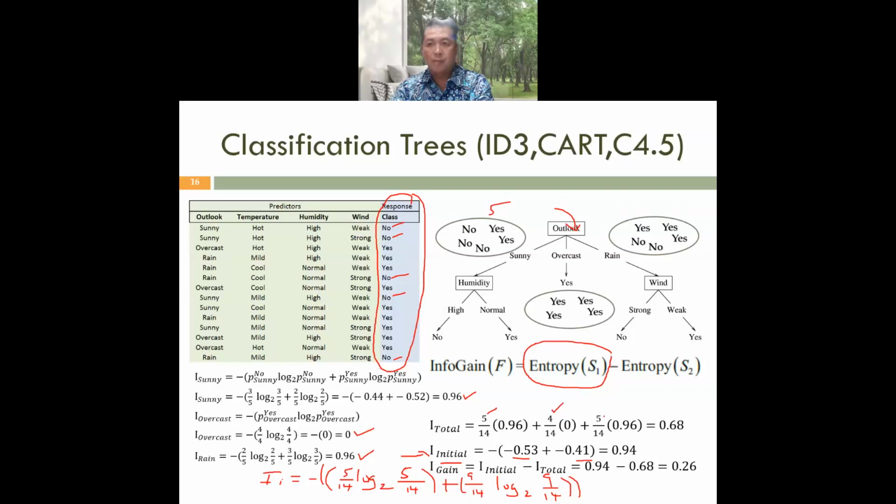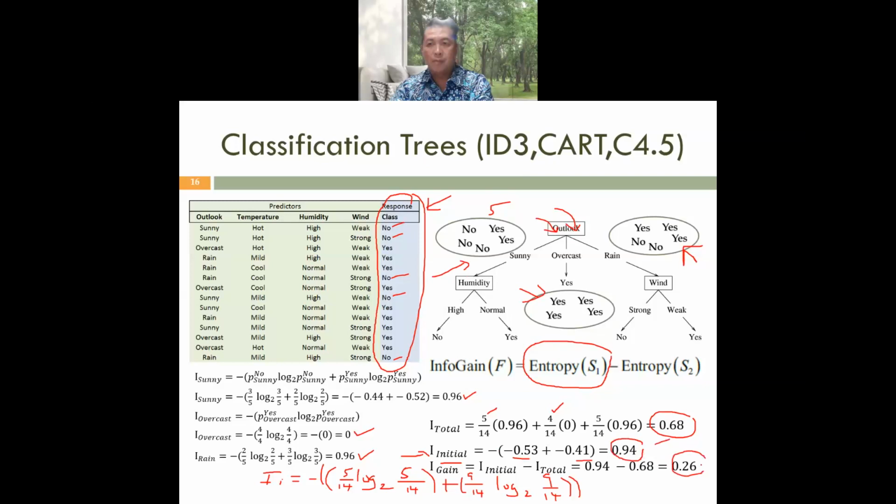The entropy here is 0, and this is 5 over 14. So we have this total of entropy after you split using outlook. Before splitting, we have this, and after splitting, we have these three groups. So we just take this 0.94 minus this, and we get this.